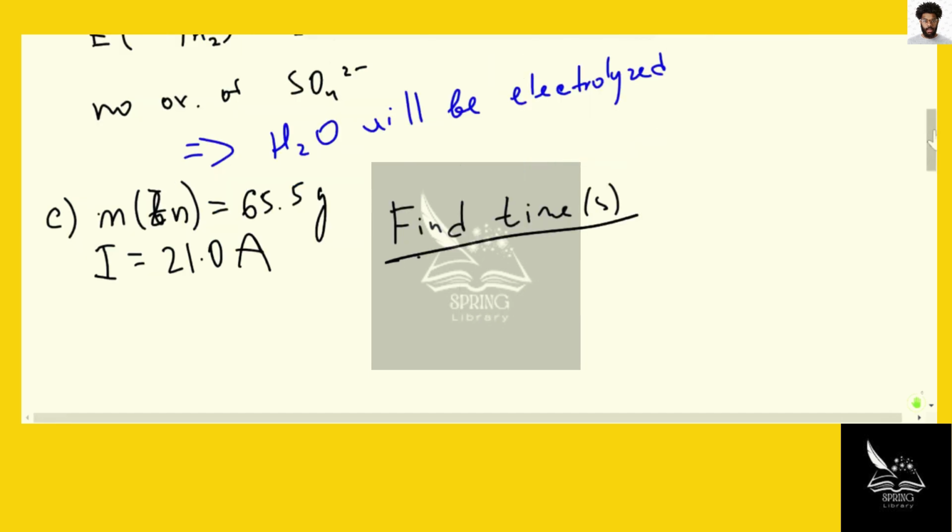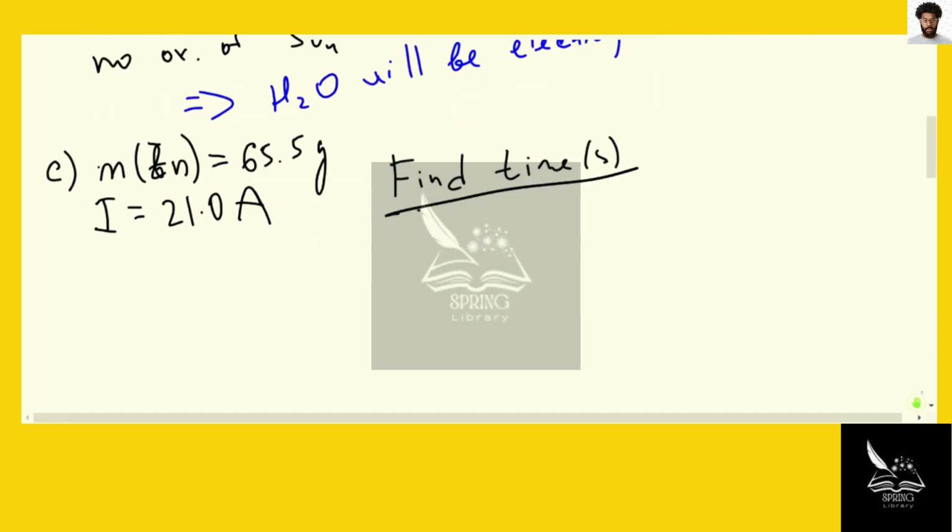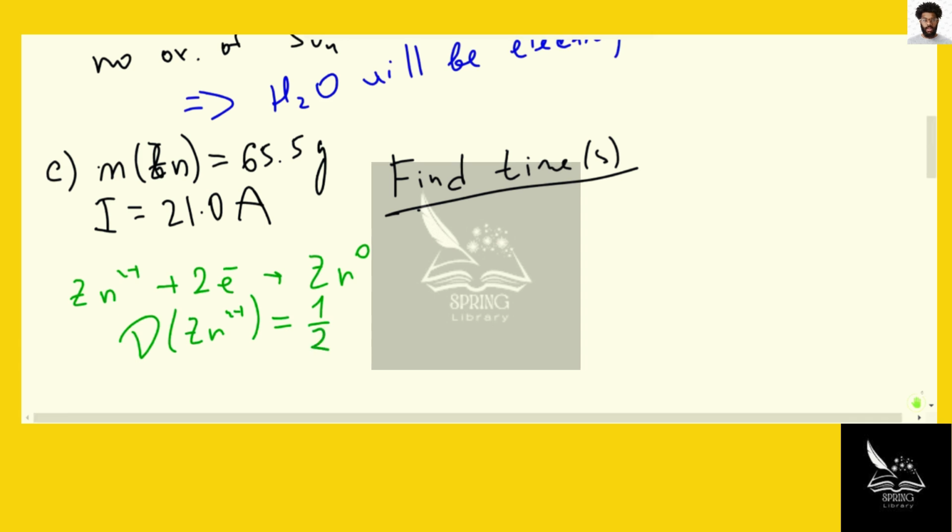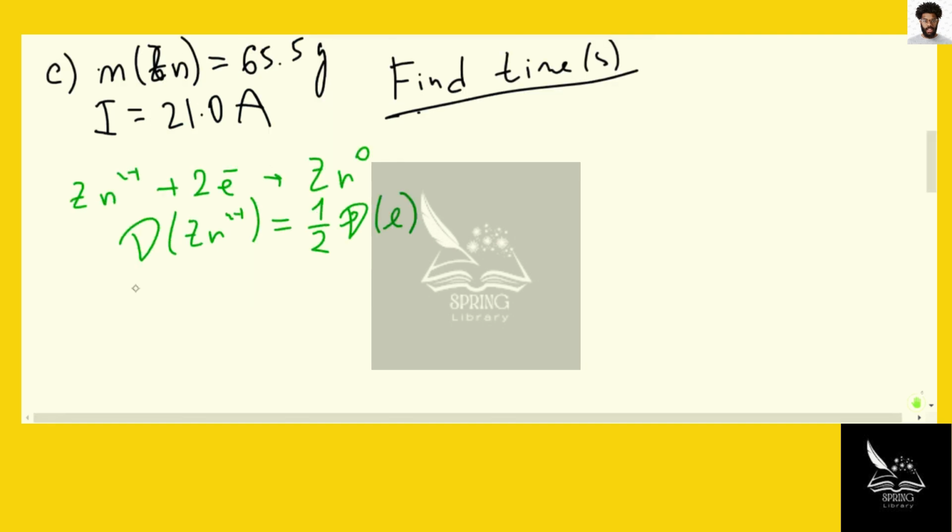Let's first start with the electrolysis equation. Zinc 2 plus receives 2 electrons and forms zinc 0. Therefore, the number of moles of zinc equals 1/2 of the number of moles of electrons, or the number of moles of electrons equals double the number of moles of zinc.